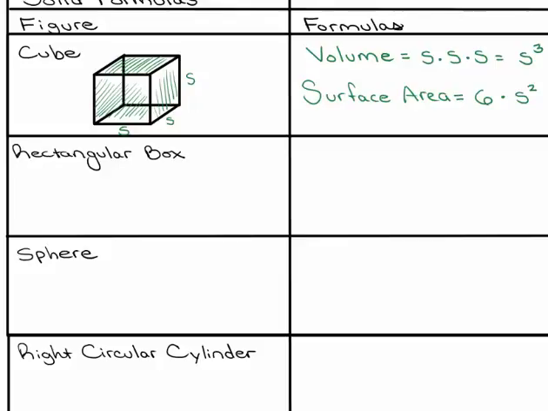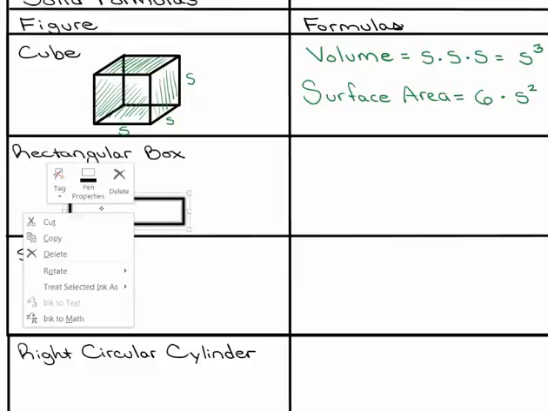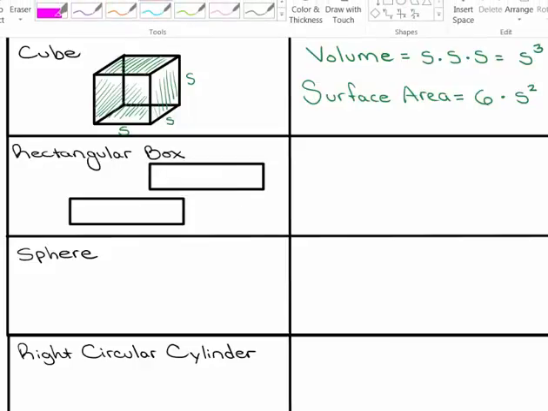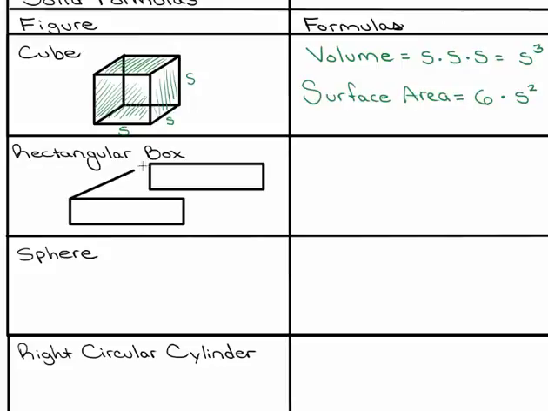A rectangular box. I think I can draw a rectangular box. How's that look? That looks pretty good. Connect your corresponding vertices.